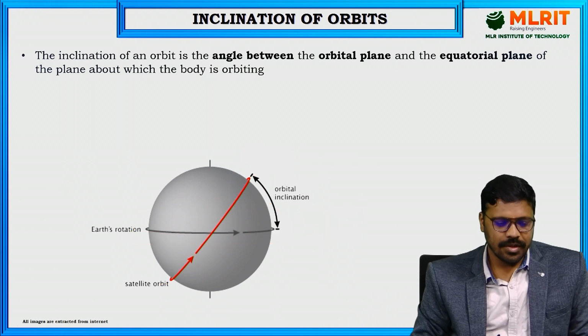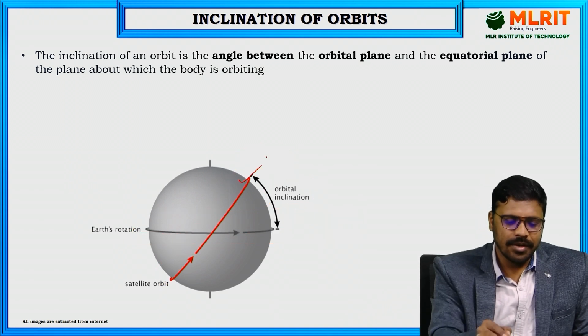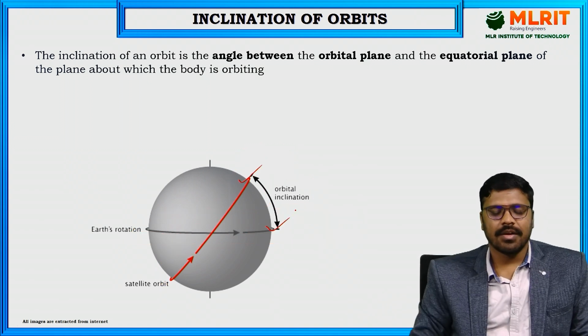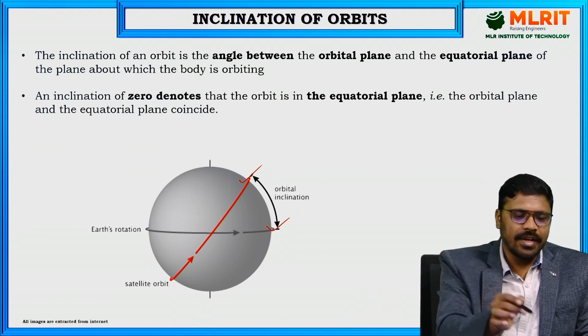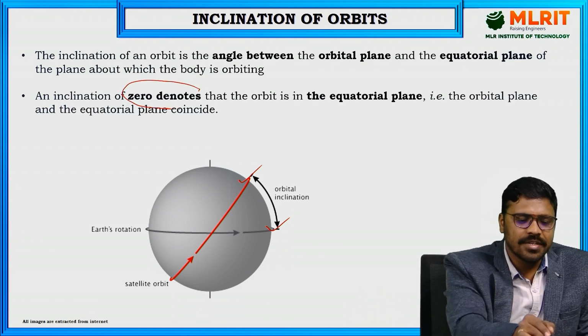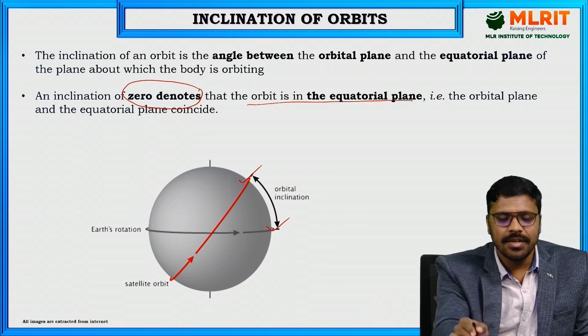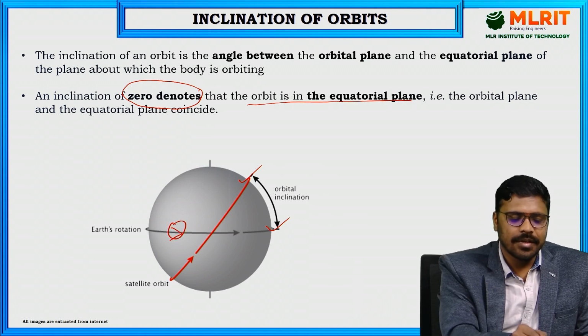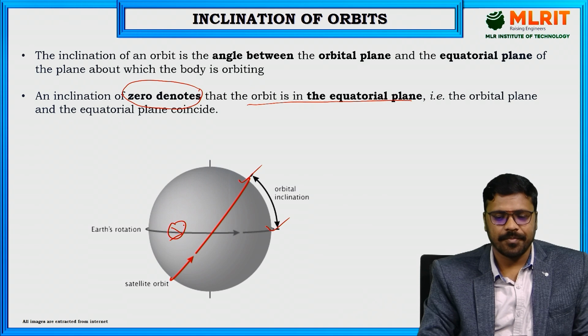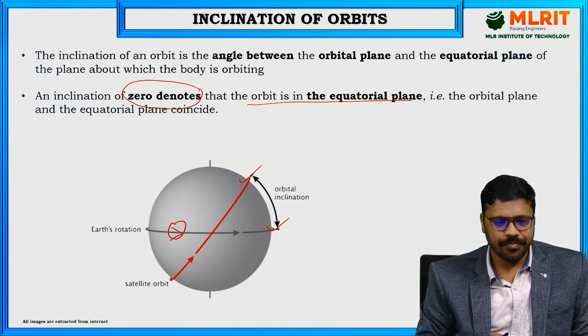What do we call it? The angle between the orbital plane and the equatorial plane is called orbital inclination. If inclination is 0, it denotes the orbit is in the equatorial plane. So the object is rotating in the equatorial plane.